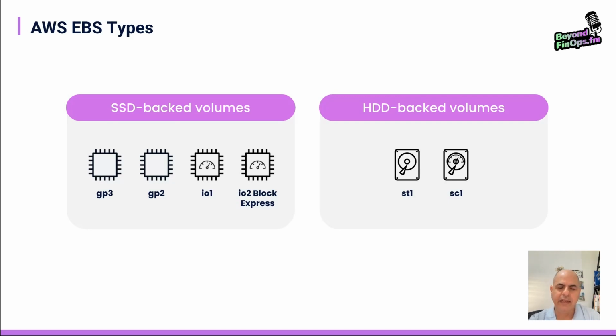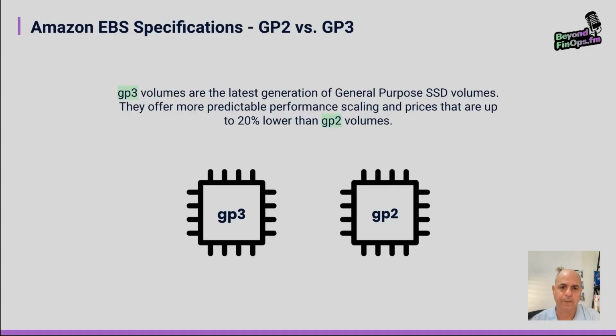In the SSD, we have various types, and we'll speak about those in more detail in a second. We have General Purpose 3, General Purpose 2, IO1, IO2 Block Express, and for HDD, we have the ST1 and SC1. In this episode, we'll focus on the SSD backed volumes, and now let's run a comparison across these options.